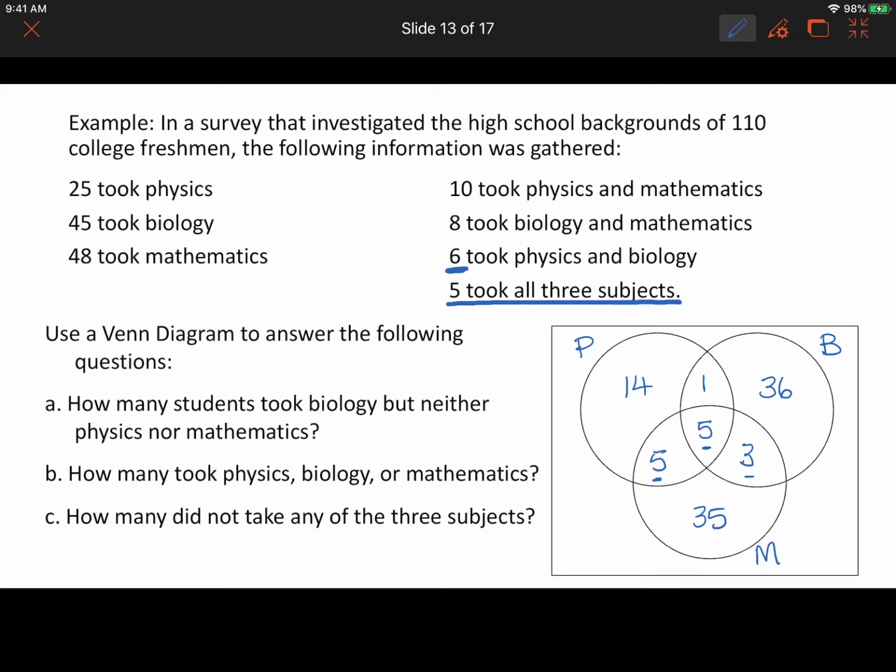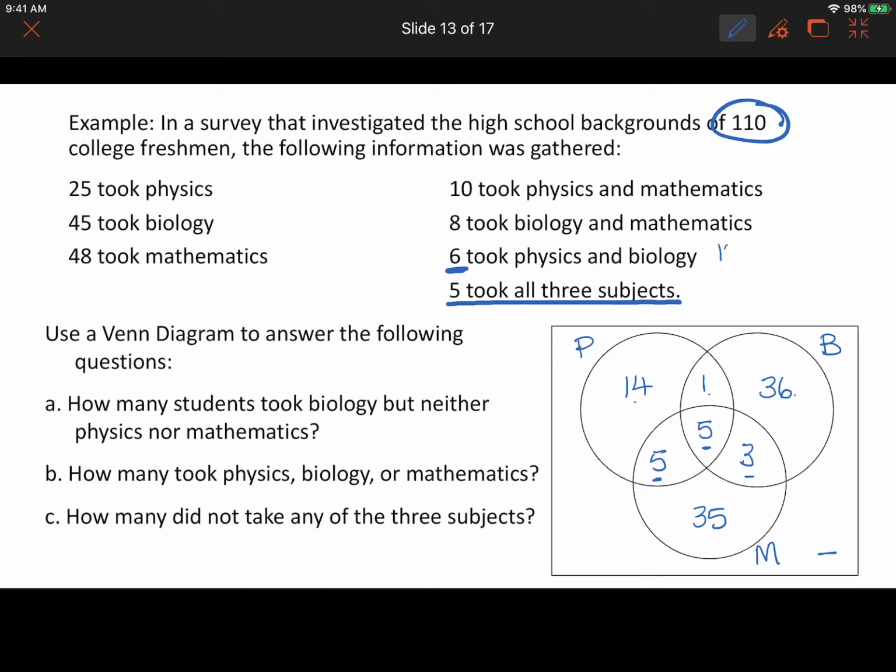Now, there were 110 students surveyed, and my circles may not account for all 110 students because there are possibly students who didn't take physics, biology, or math. So what I want to do is add up the numbers in my circles to figure out how many students go outside. So I'm going to do some scratch work over here.